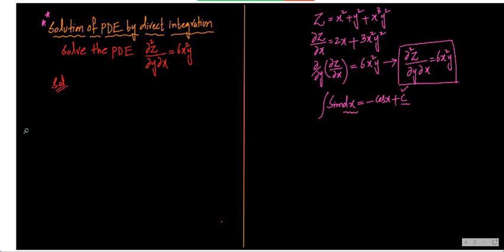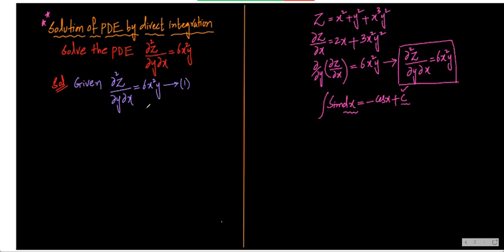In the first step, we have to write the given value. Given: dou square z by dou y into dou x is equal to 6x square into y. Take this as equation number 1.